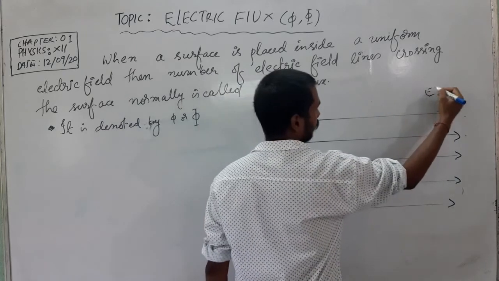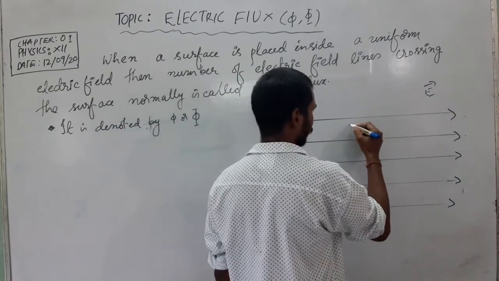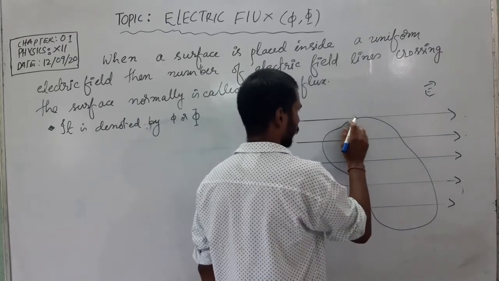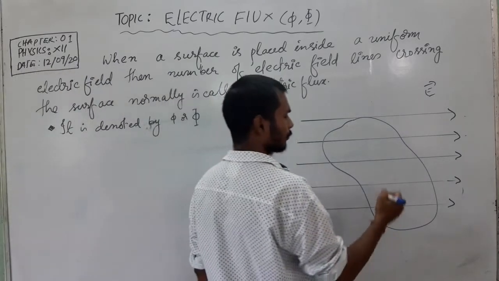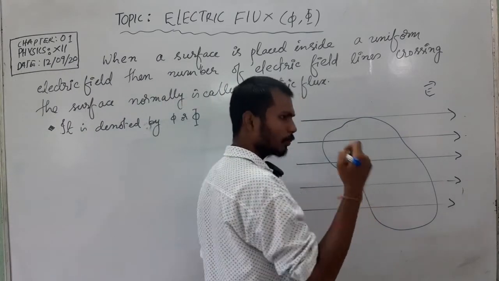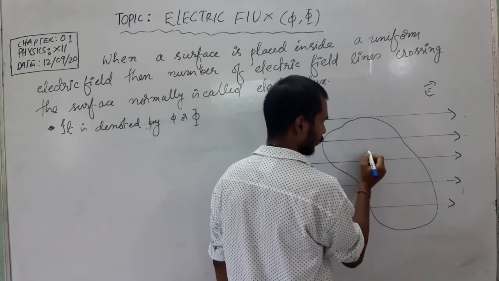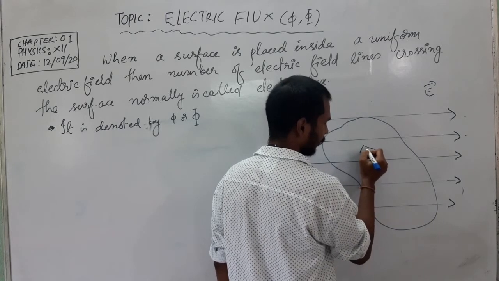Now let us consider a surface inside this electric field. This is a surface inside this electric field. Now let us consider a small area element, for example this area element.